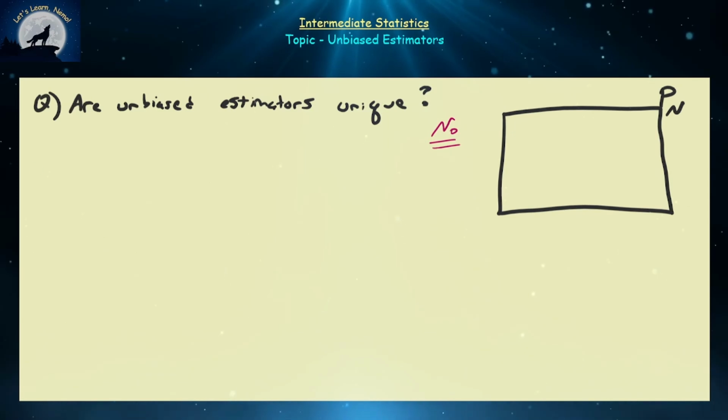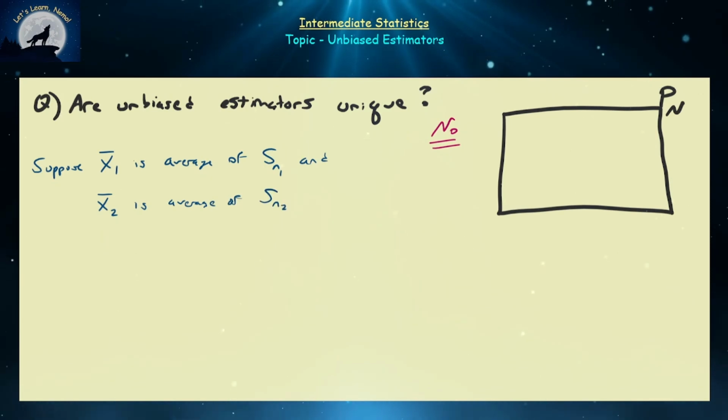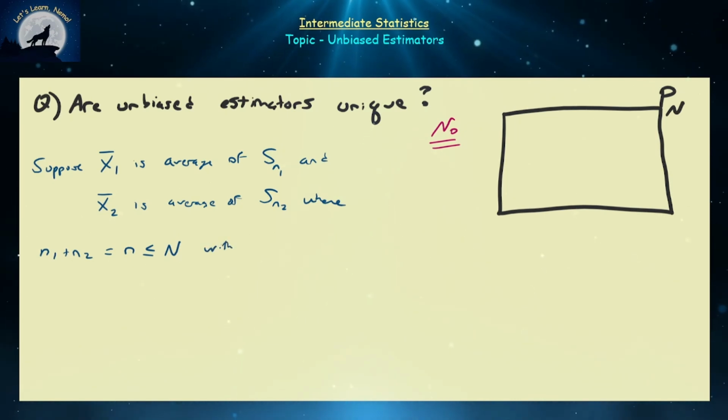So suppose that x bar 1 is the average of a sample with little n1 values, and let's define x bar 2 the average of S n2, where n1 plus n2 is equal to little m, which obviously is less than or equal to capital N, with S n1 intersection S n2 empty.